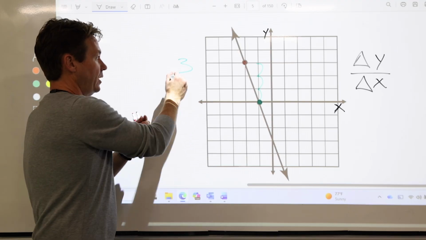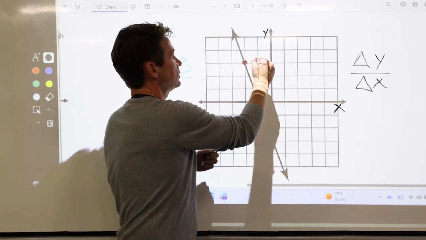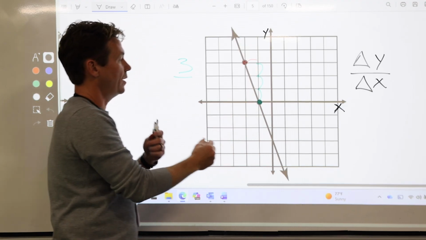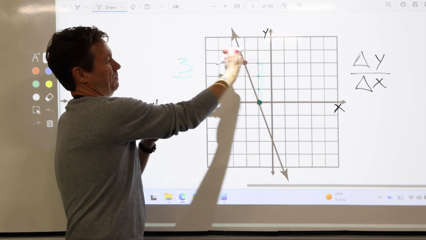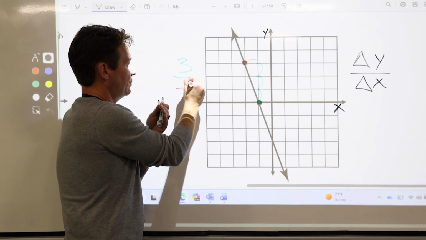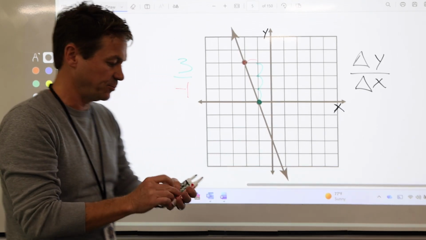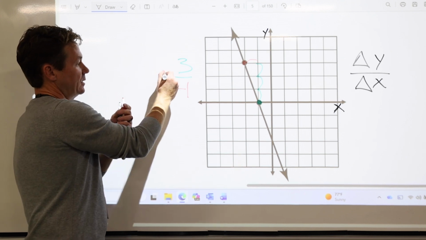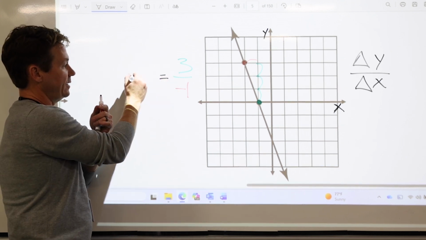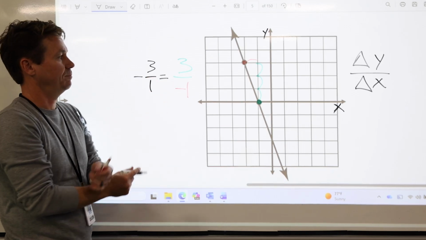That'd be up 3, and then over 1. But I'm going this way, to my left. So it'd be -1. Okay, let's rewrite that. We can rewrite that as -3 over 1.